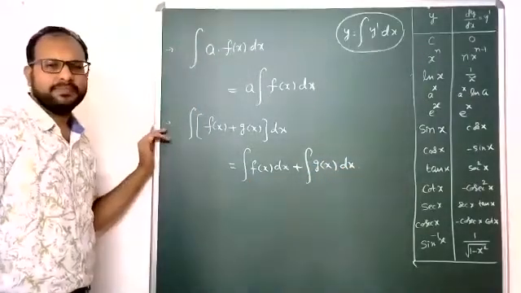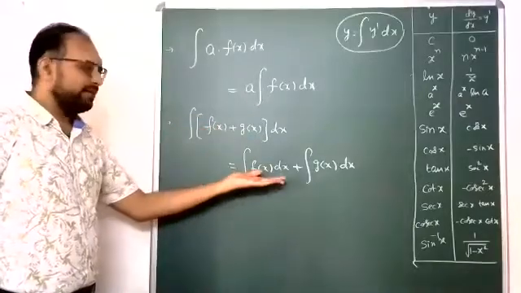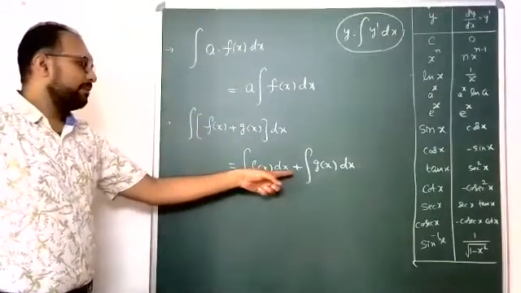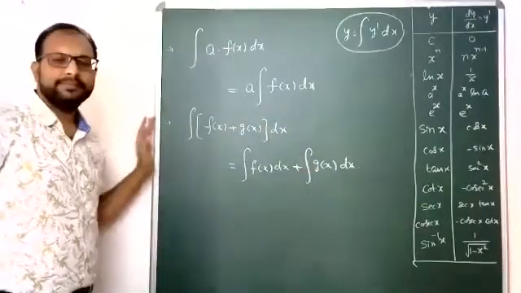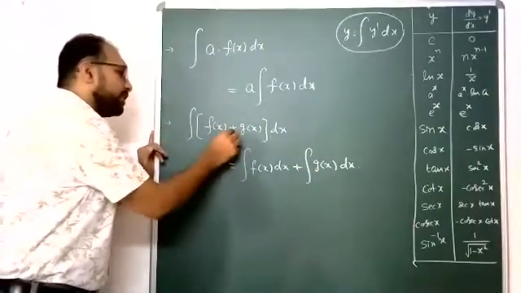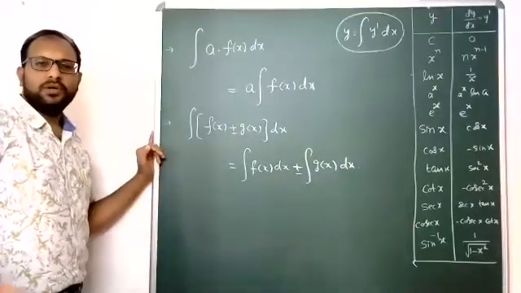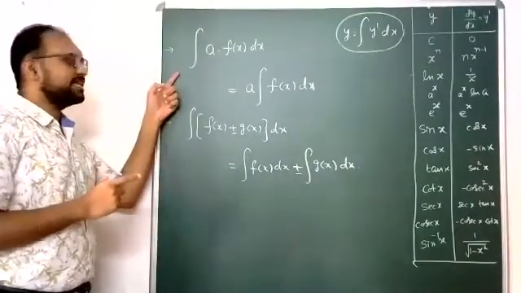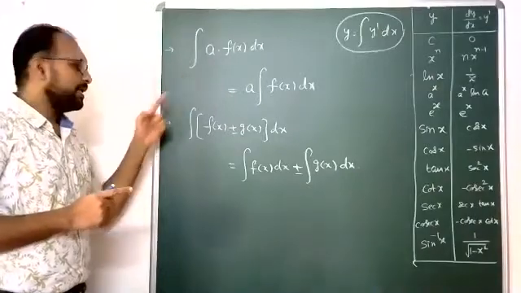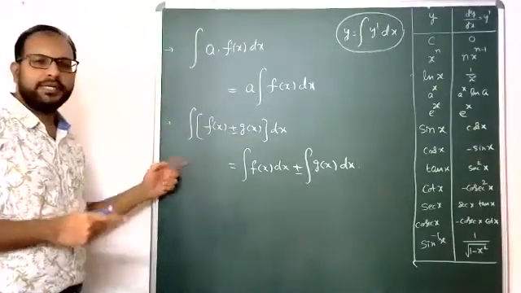Separate: the integrand of f of x first, plus g of x the second time. Suppose minus is there, here also minus. So there rule number one of differentiation, here rule number one; there rule number two, here rule number two. Easy.